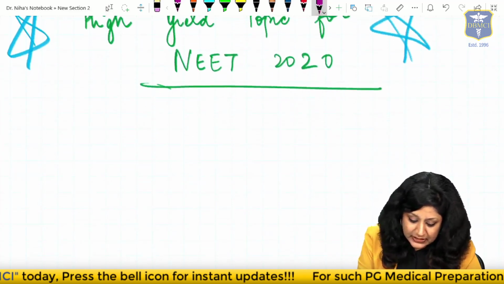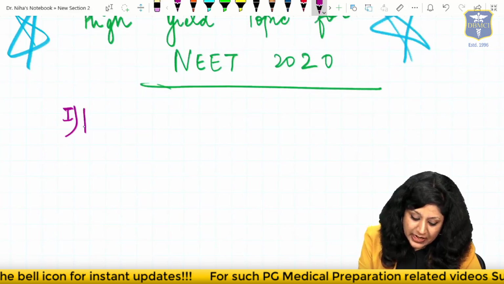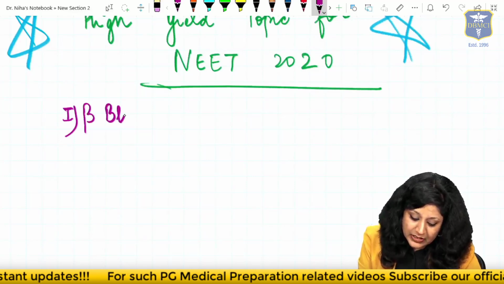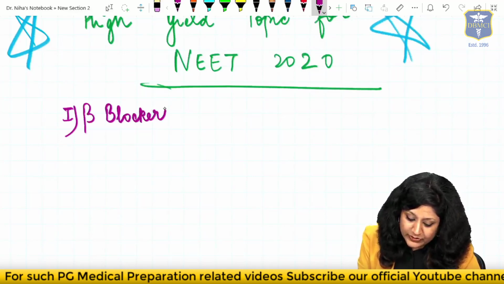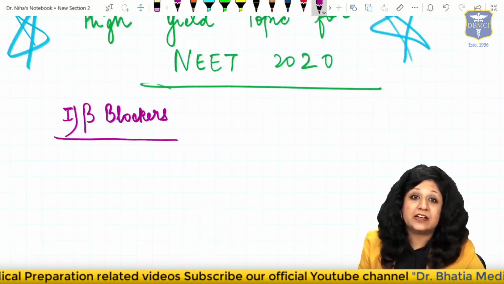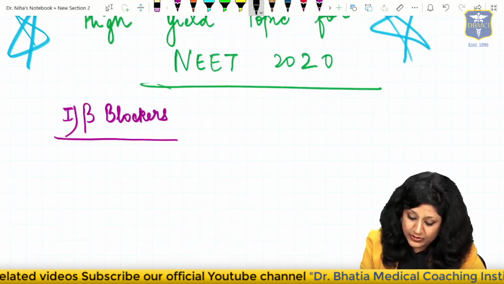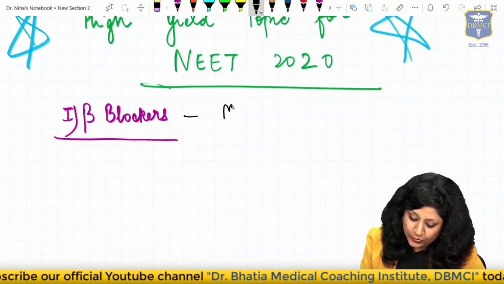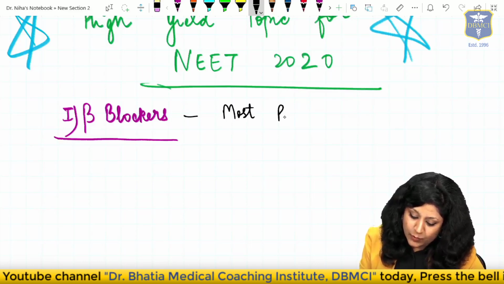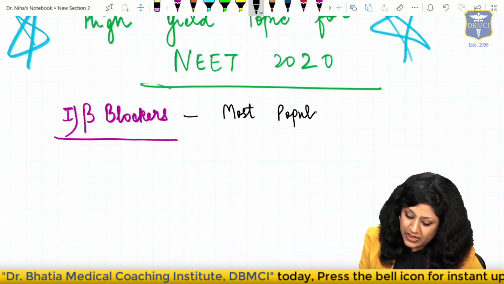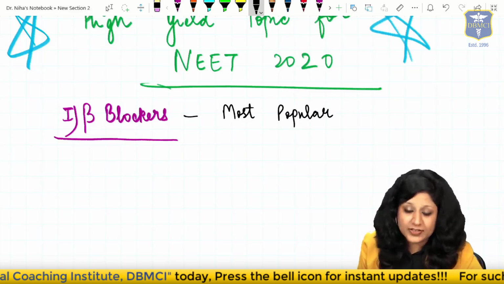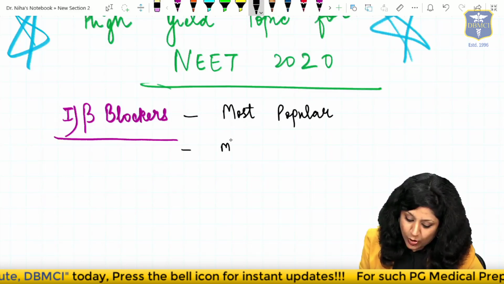The first class of drugs I will start with is the beta blockers. Why have I started with the beta blockers? Because these are the most popular drugs used as anti-glaucoma drugs, and also the most commonly used.